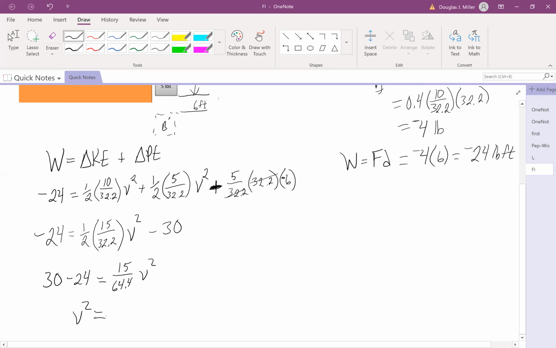And that gives me a v squared that is equivalent to 25.76. So from that, I can obtain that the velocity, or speed, I should say, is equal to the square root of the value, which gives me a moving speed of 5.07 feet per second.